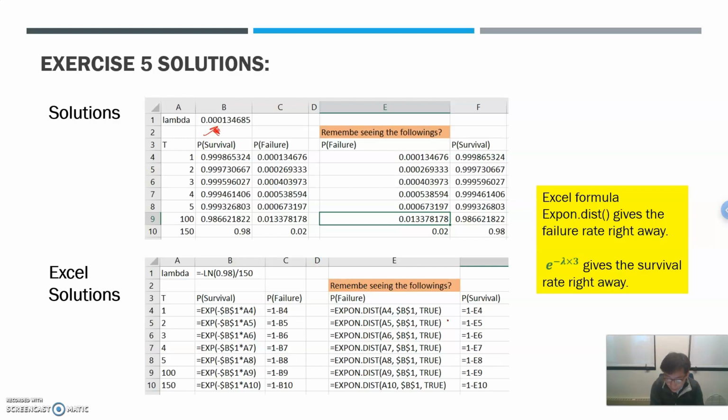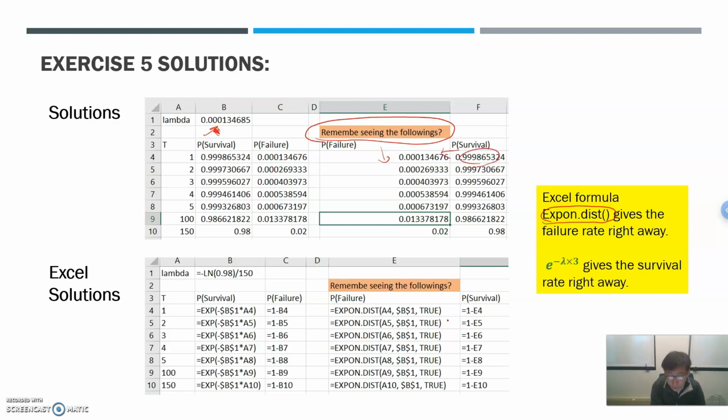And you can calculate the survival rate first in this case, and then the failure rate. Previously, we actually calculated the failure rate first based on this formula, and then we calculated the survival rate based on this number.